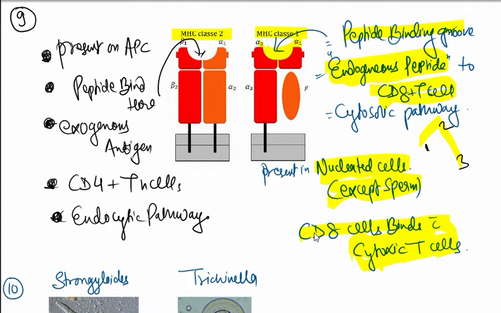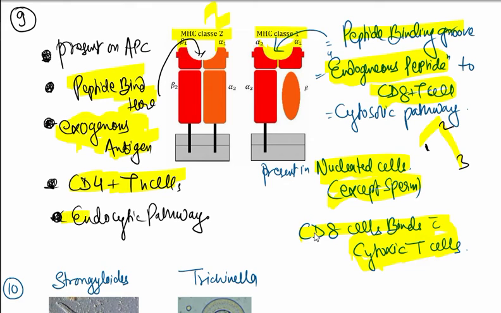What about MHC 2? So here is the groove, just like 2 means 2 different hands. Here is alpha 1 and here is beta 1. Alpha 1 and beta 1, those 2 hands are required to catch the peptide of exogenous antigen. And exo means external, foreign, so foreign is for CD4 Th cell, that binds with CD4 T helper cell.